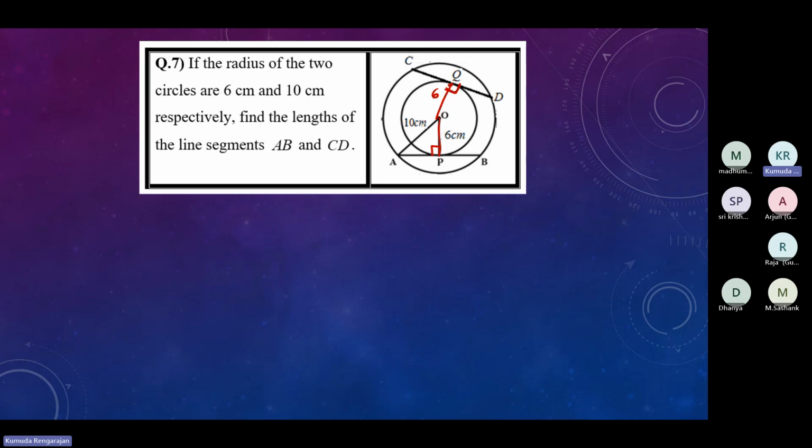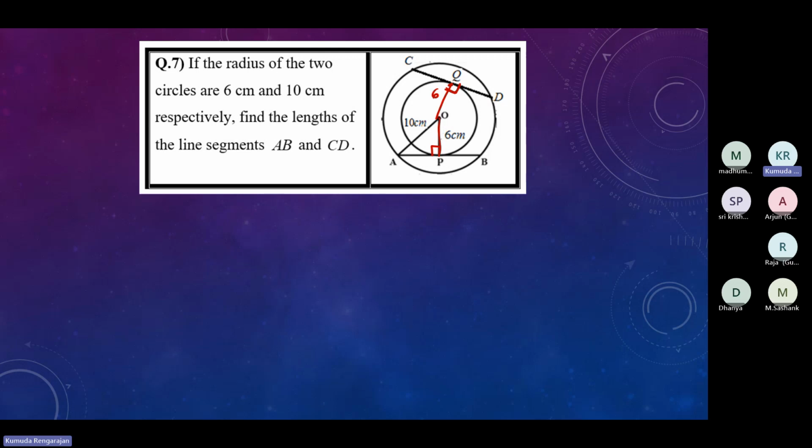See, what may be a little tricky or confusing is that AB is a chord to the outer circle and a tangent to the inner circle. In the same way, CD is a chord to the outer circle, tangent to the inner circle.